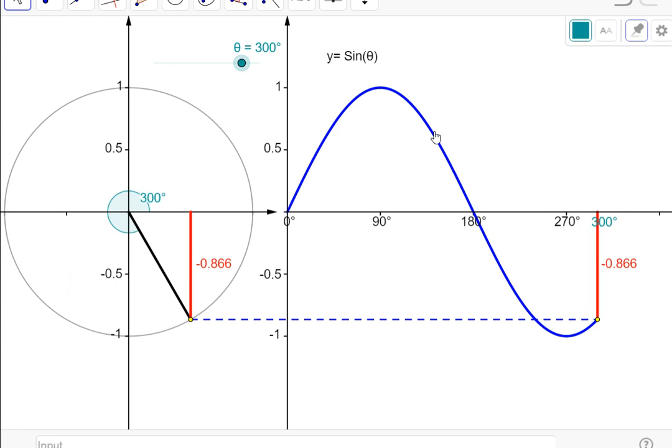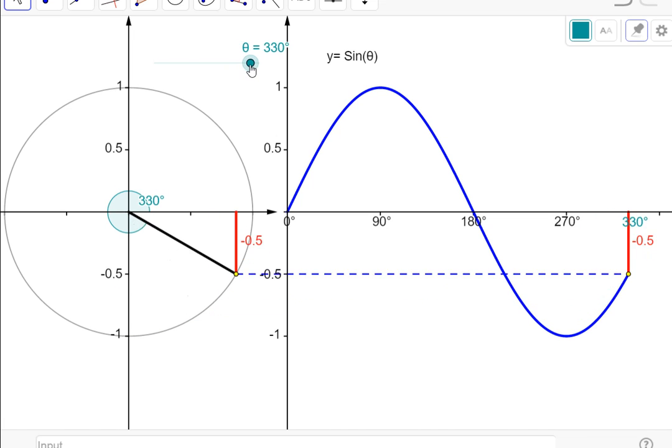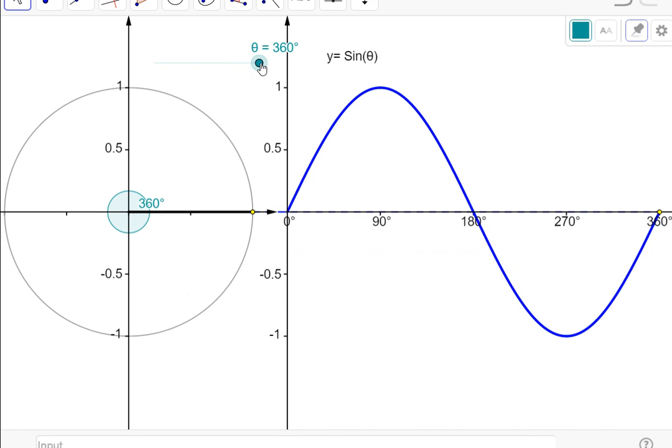So you can see where we're getting our repeated values for y that we've discussed in the past. Now what happens if we go all the way around to 360 degrees? We have gone through one complete rotation. We've gone through one complete period.